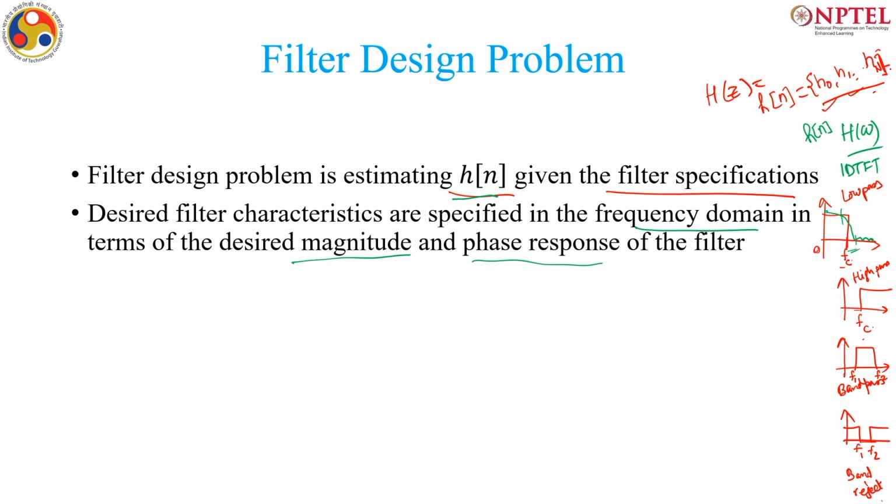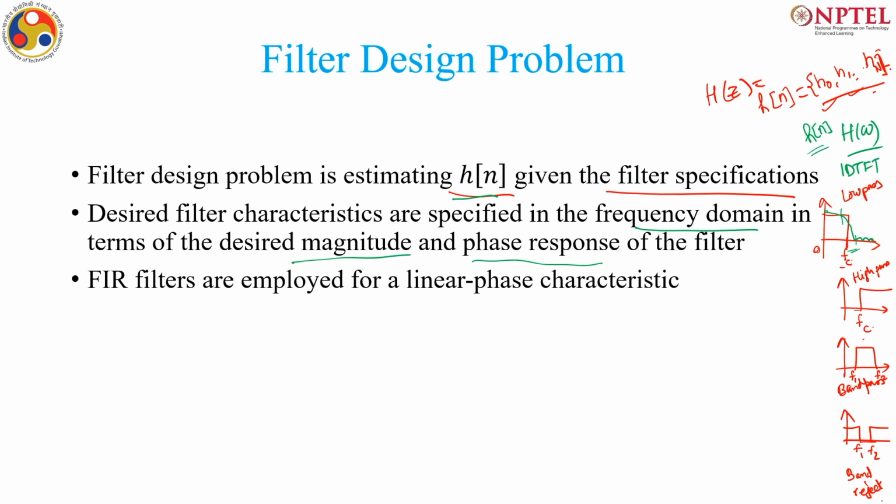But sometimes it is not so straightforward, because since this is a continuous time function, it is not very easy or straightforward to directly do the integration and get these specific values of h(n), mainly when H(omega) is not a very well defined analytical function.